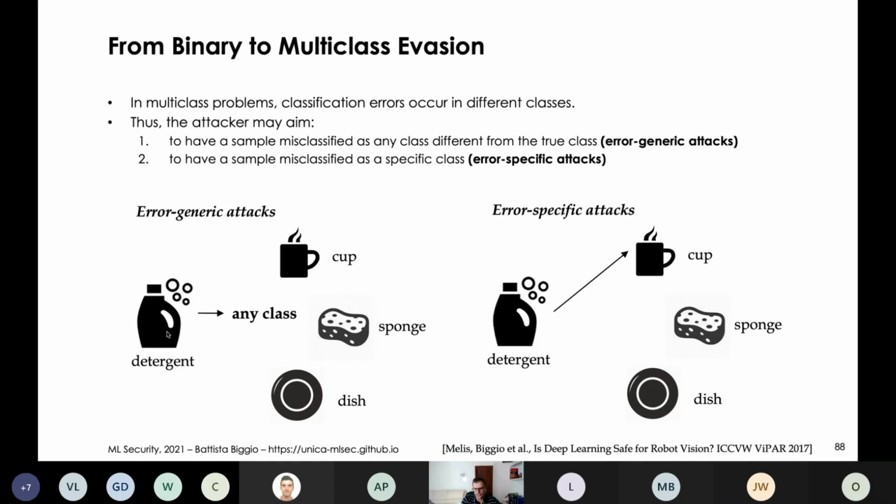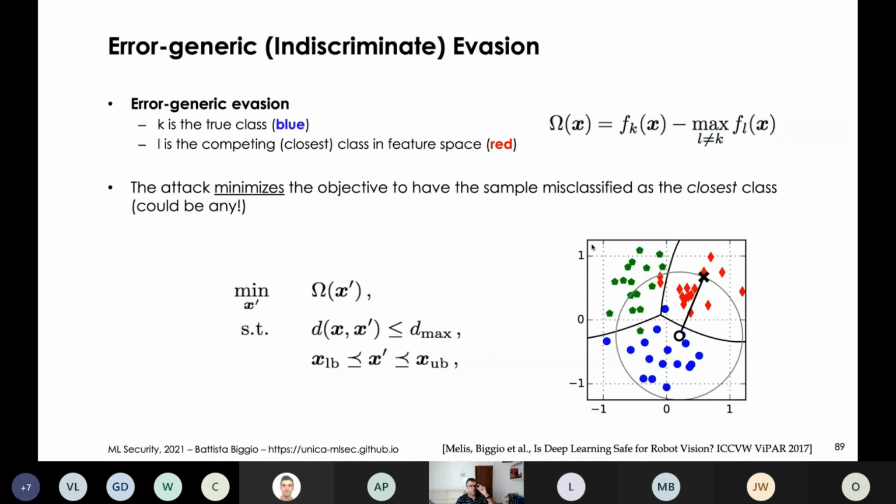If a detergent is misclassified as a sponge, the attack is not successful, even though the object is misclassified. Okay, so those are the main 2 cases. Indiscriminate attacks are in a sense easier to craft, and targeted attacks are in a sense more difficult for the attacker.